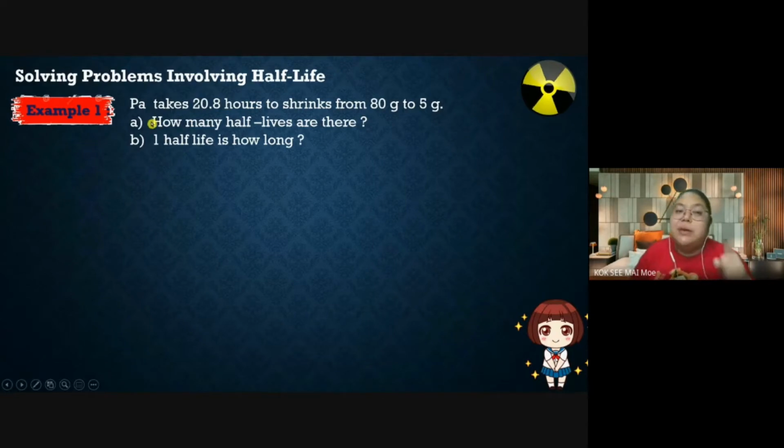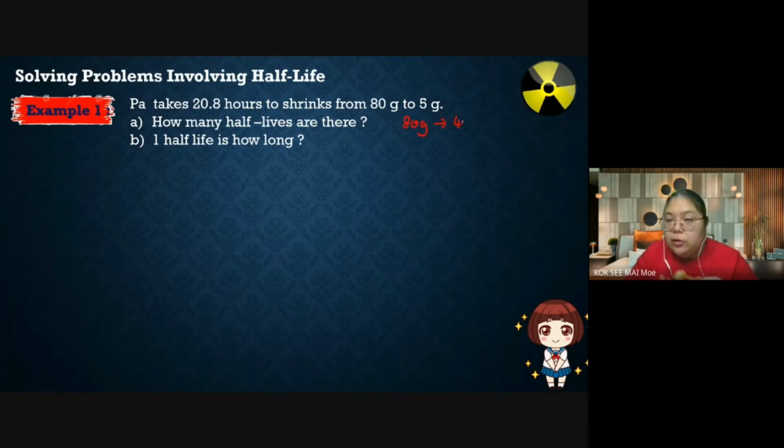Okay, so you can see a sample that takes 20.8 hours to shrink from 80 grams to 5 grams. So the first question they ask you, how many half-lives are there? So 80 to 5. We do it by ourselves, not using a formula. Just 80 divided by 2, 40.